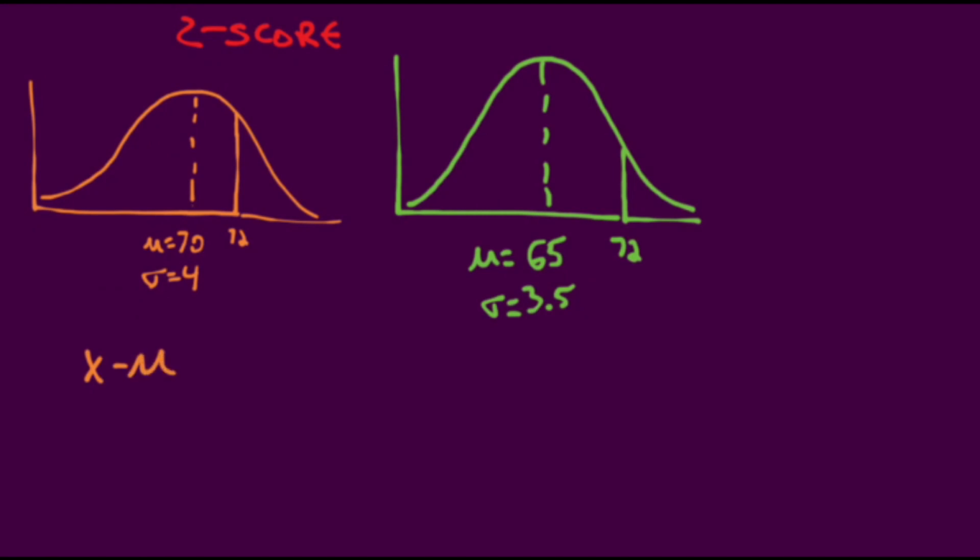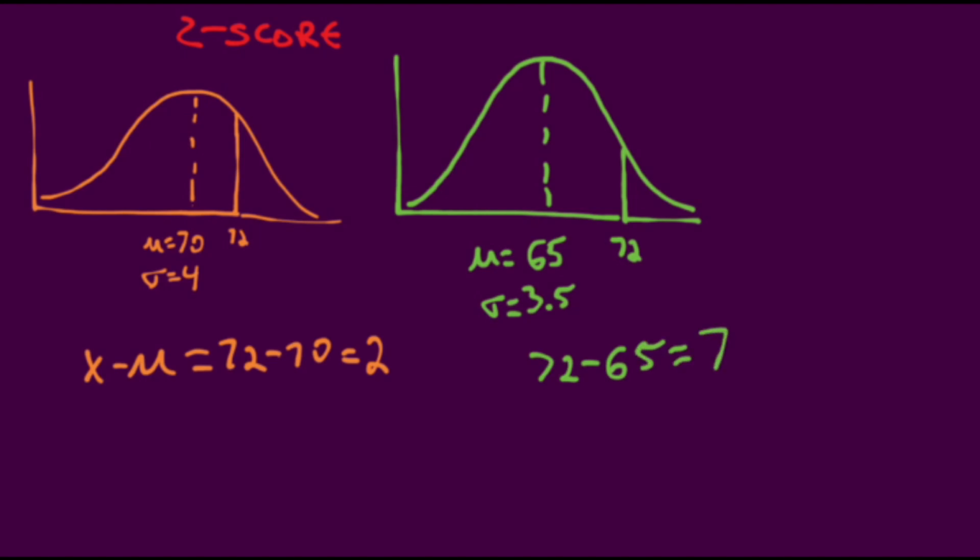Right, so we could calculate just x minus mu. This is a deviation from the mean, which we've been discussing for quite some time now. So 72 minus 70, there's a deviation of 2. Likewise, with the green situation, we have 72 minus 65, or a deviation of 7.